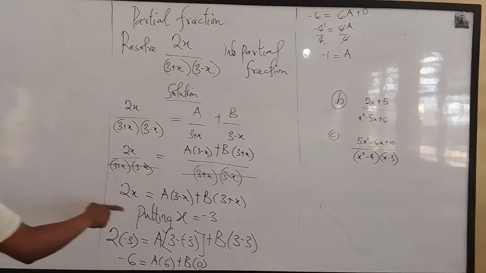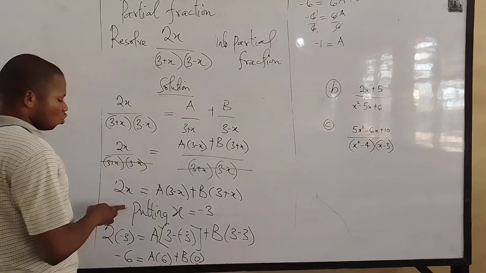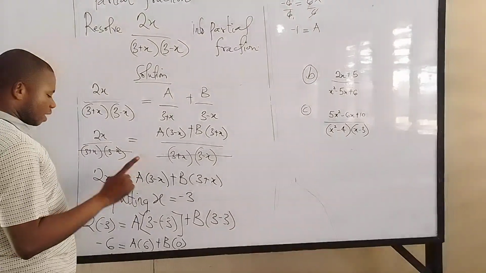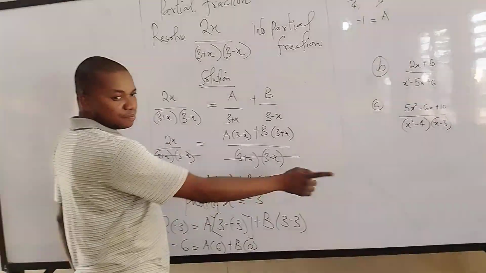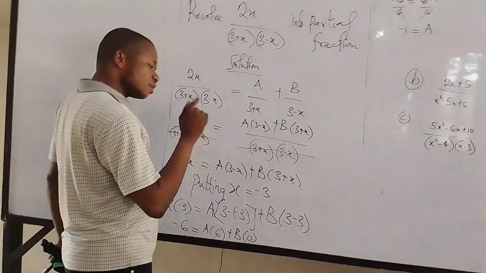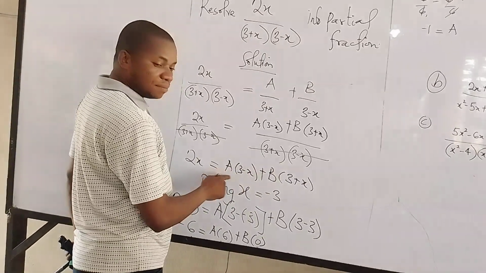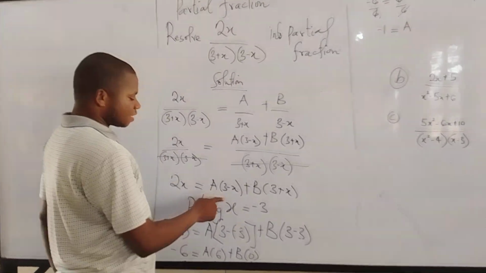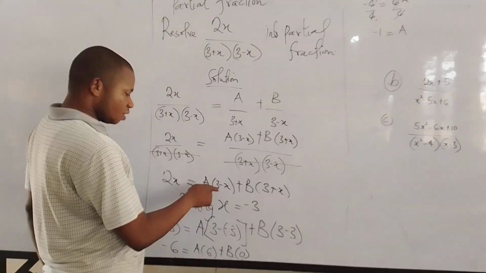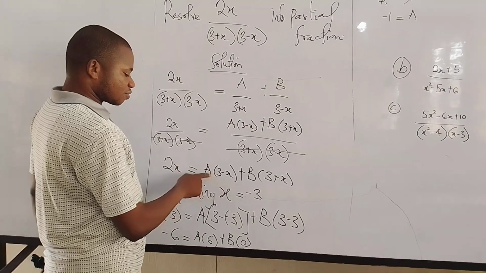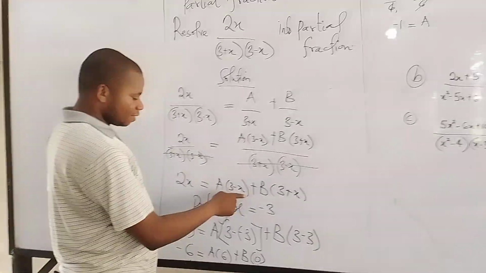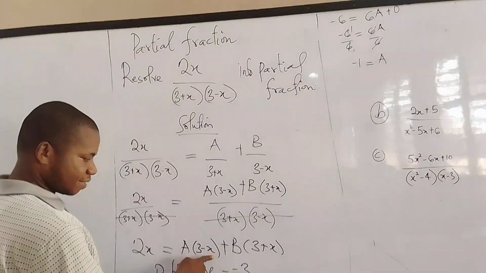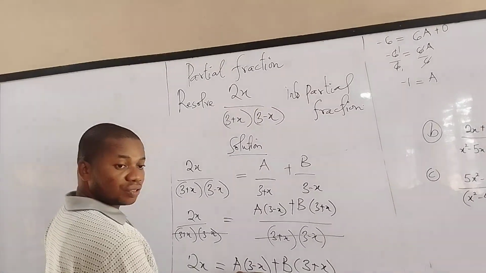So now we'll go back. Remember what I said here? We'll go back to get the value of our b. Like I said, for us to get our a, we needed to eliminate b. So for us to get our b now, we are going to eliminate a. Seeing that the factor attached to a is 3 minus x, can you hear me?